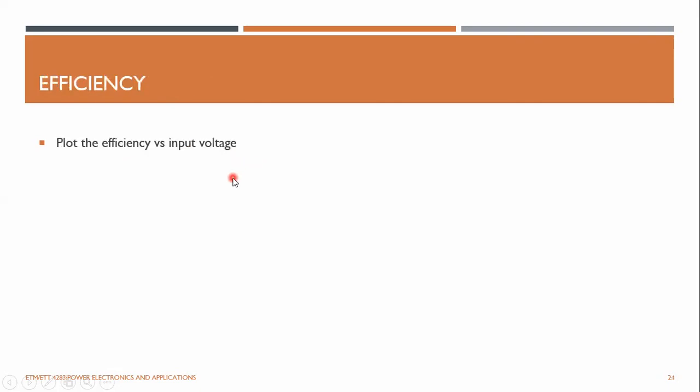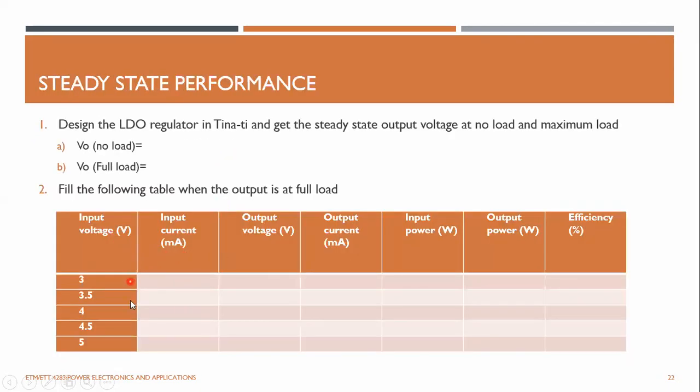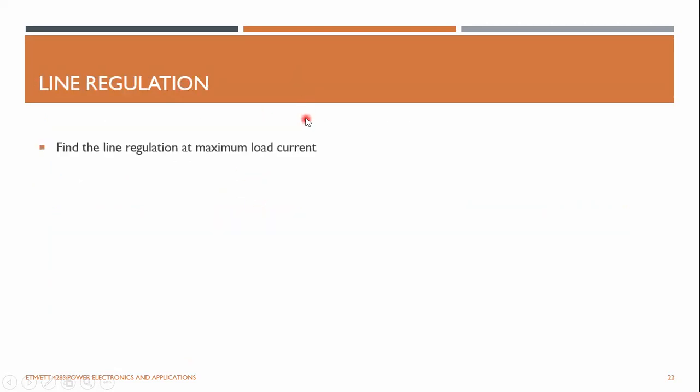From this data, plot the supply voltage on the x-axis and the output voltage on the y-axis. So this is your Vin and this is your Vout. You can plot it at maximum load current, 1 amp. Then you can determine the slope and find the line regulation.